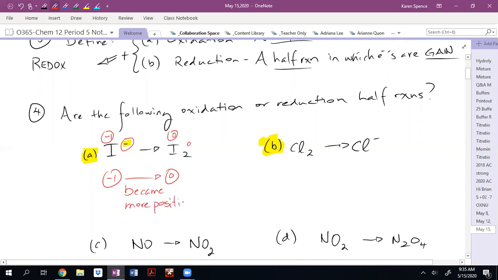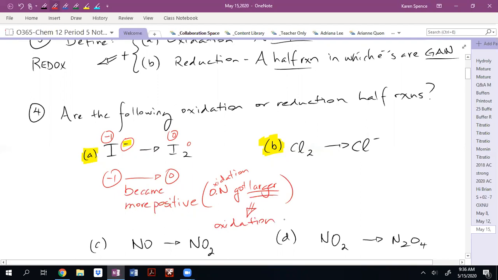So this became more positive. In other words, the oxidation number got larger. And if the oxidation number gets larger, that is going to be an oxidation. You can think of it from another perspective as well.